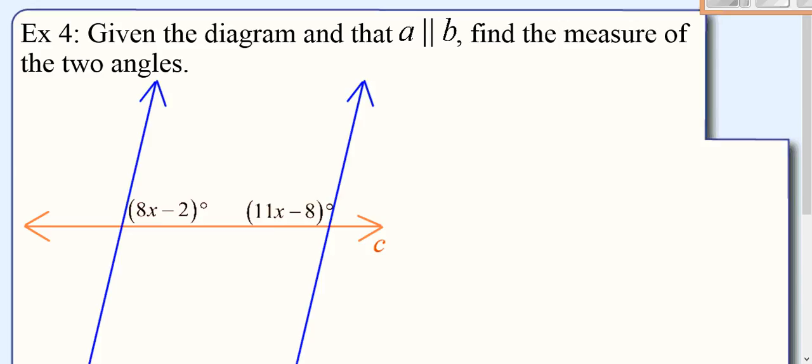All right, so here's an example with some x's involved. So if we've got parallel lines, first of all, we know that they're parallel because it says it right here. They are parallel, so go ahead and you can mark them.